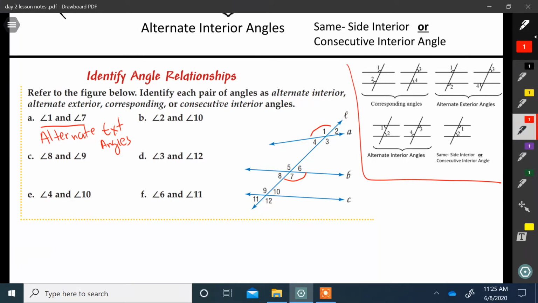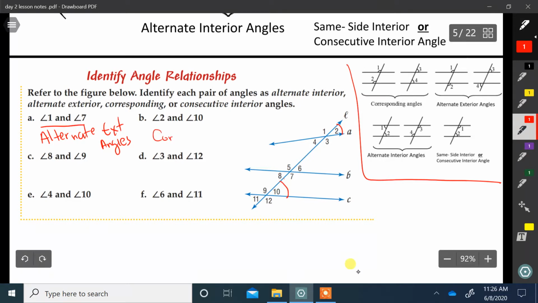Angle 2 and angle 10. Let's look for that. Those are actually on the same side, so they're corresponding angles. Like I said, guys, I will recommend that you look for this on Google.